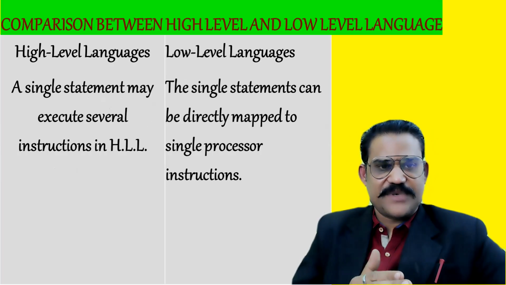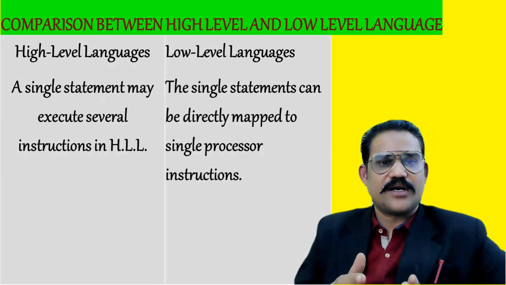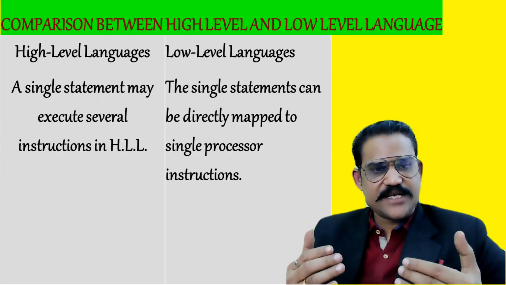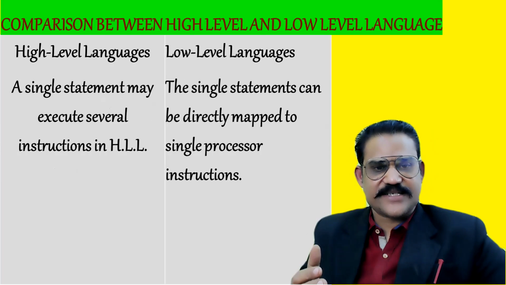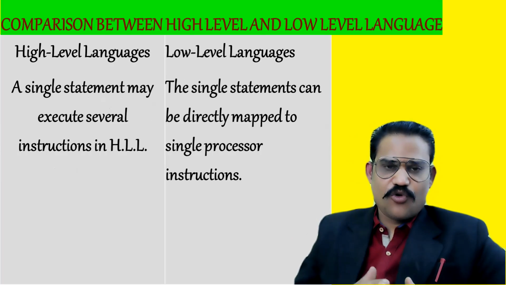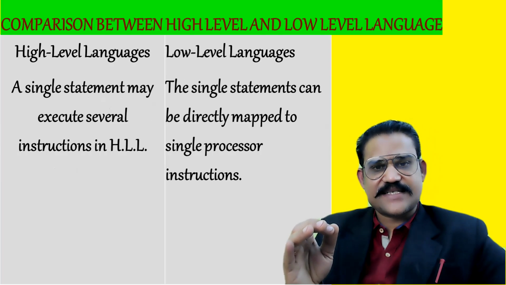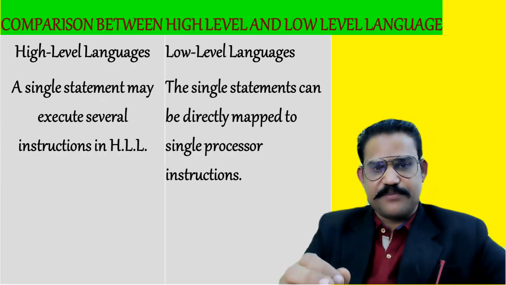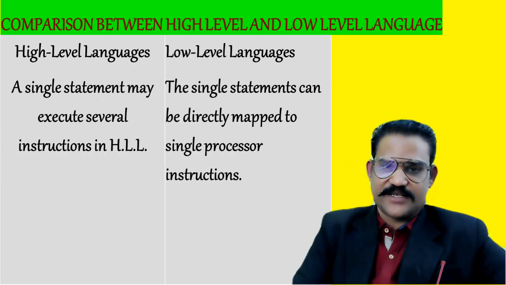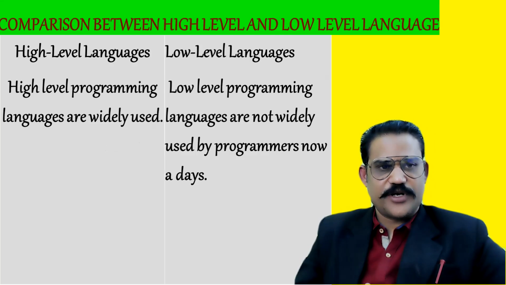A single statement may execute several instructions in high level language, whereas in low level language, a single statement can be directly mapped to a single processor instruction. Now come to the next point.